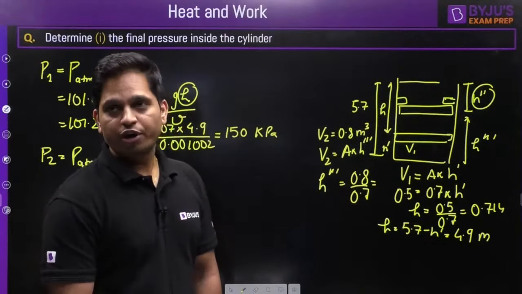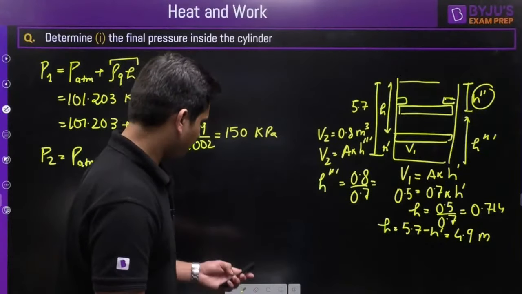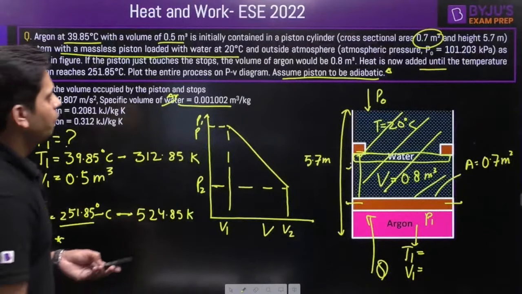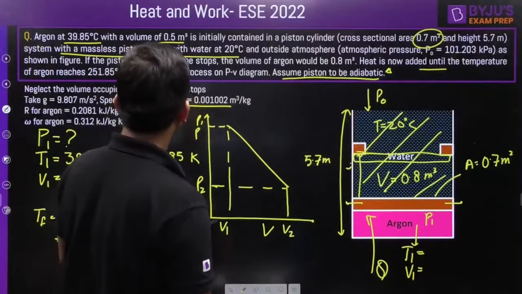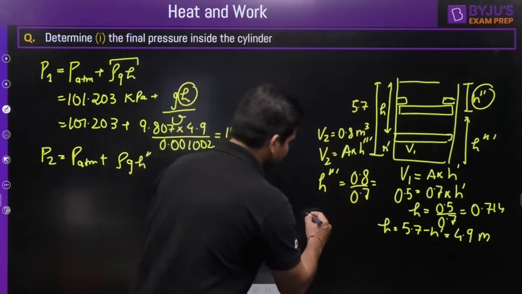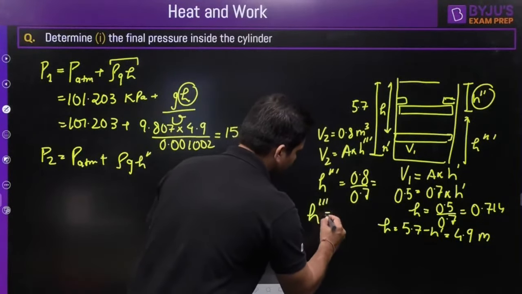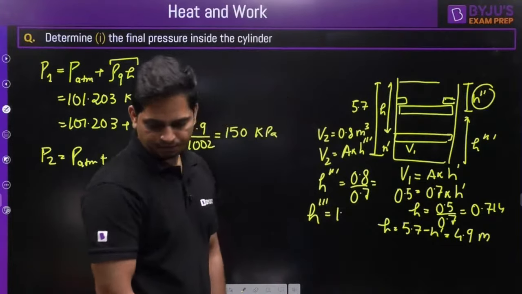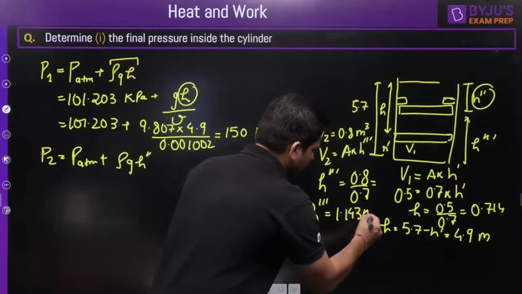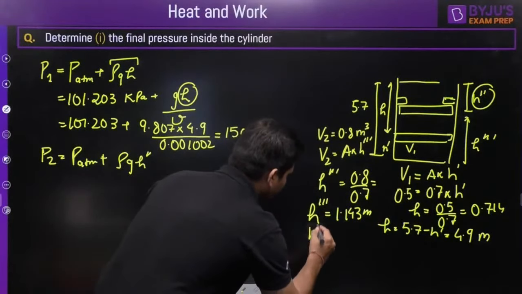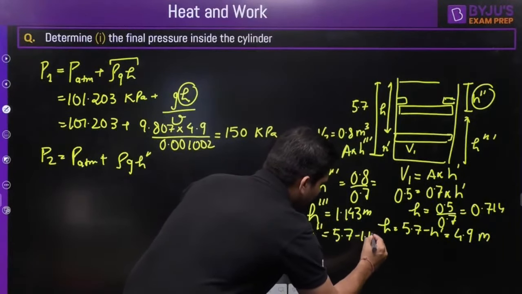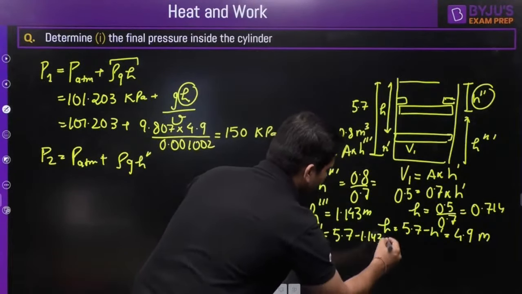No, it is not 4.1. You just check it correctly. How much is this h triple dash? It is 1.143. So h double dash will be 5.7 minus 1.143 meter.